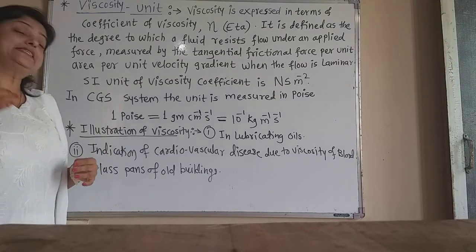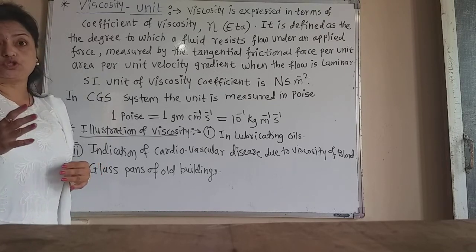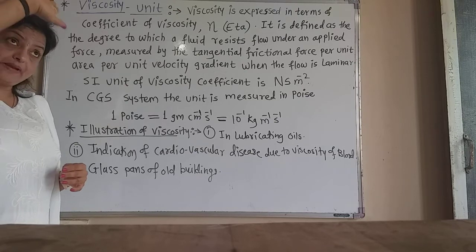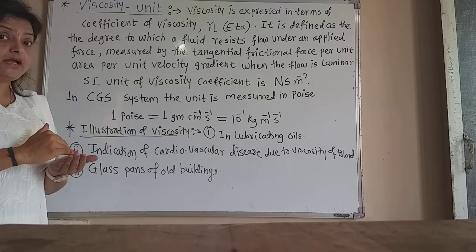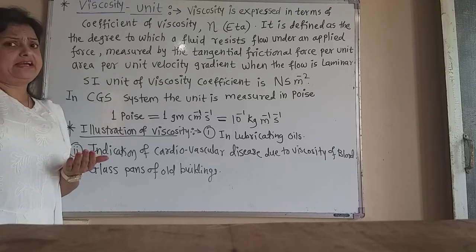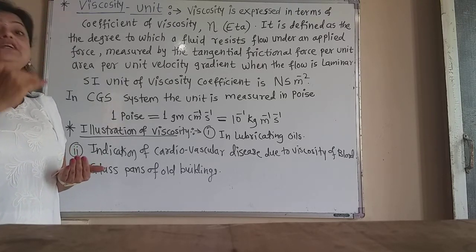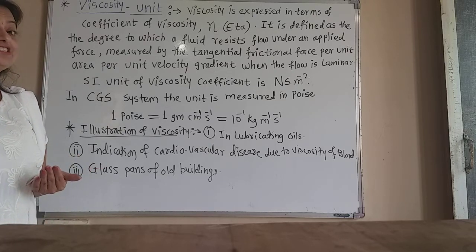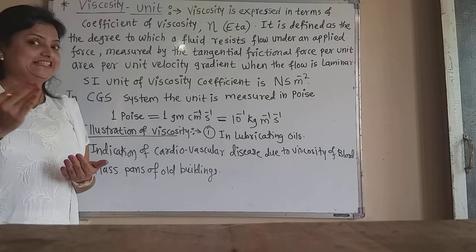When you look at the windows of old buildings, the glass panes are somewhat thicker at the bottom and thinner at the upper side. This is due to the viscous flow of that glass, because glass is not a solid but a super cooled viscous liquid.